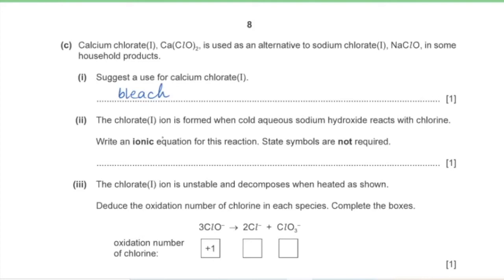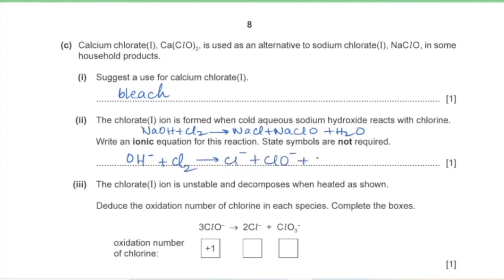So reaction between cold sodium hydroxide and chlorine is going to produce NaCl plus NaClO plus water. Since they're asking us to write the ionic equation, it's going to be OH minus plus chlorine gas. That gives Cl minus plus ClO minus plus water. And we also need to balance our equation.